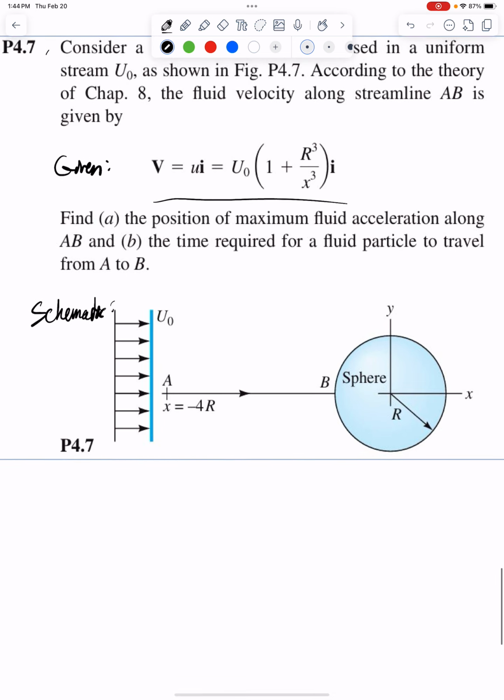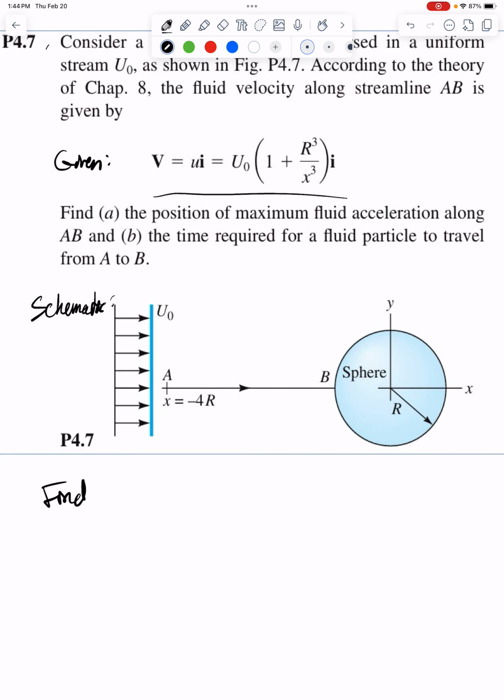So what we're interested in finding is, first, the location of maximum acceleration. And at least for now, we're looking between 2 points upstream of the sphere. The first point is point A. Point A is 4 radii upstream from the center of the sphere, or I guess 3 radii upstream from the sphere itself.